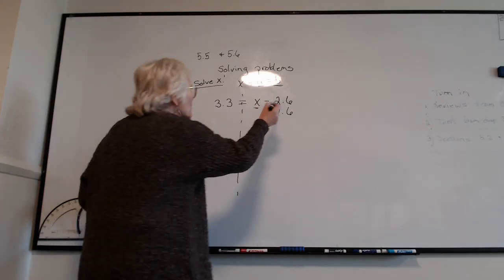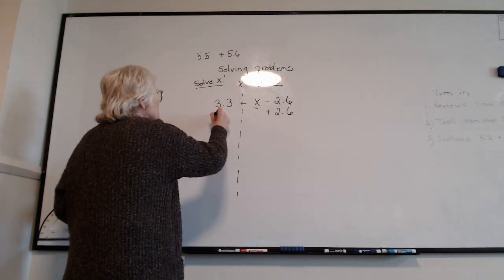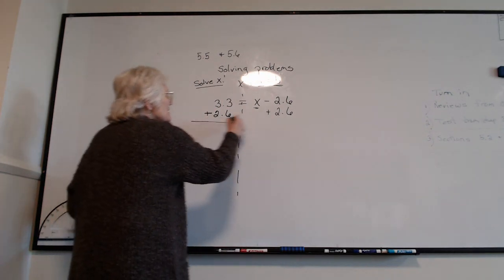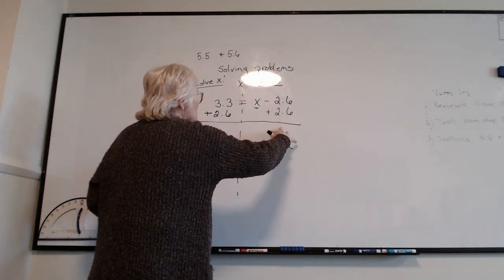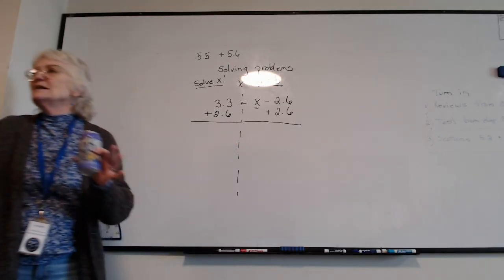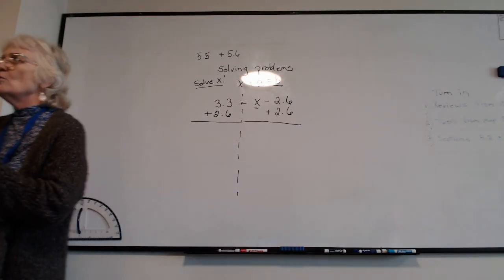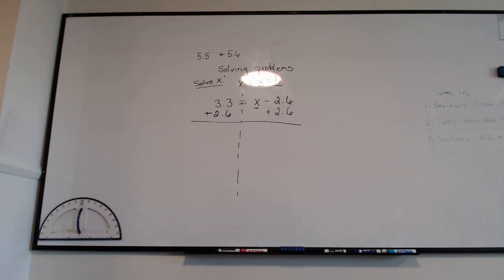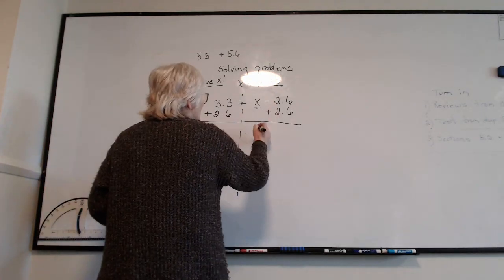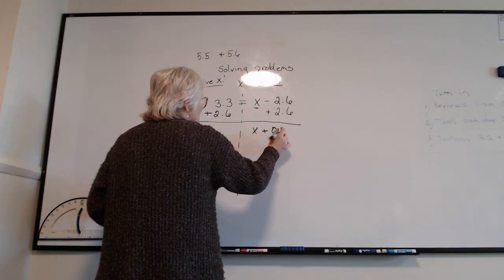But we don't just do it on one side, we also have to do that same thing on the other side. So basically I'm adding 2.6 here, and I'm adding 2.6 here. In an equation, you always have to do the same thing on both sides, or it will not stay equal. Okay, so this gives me x plus 0, which I don't need to write.